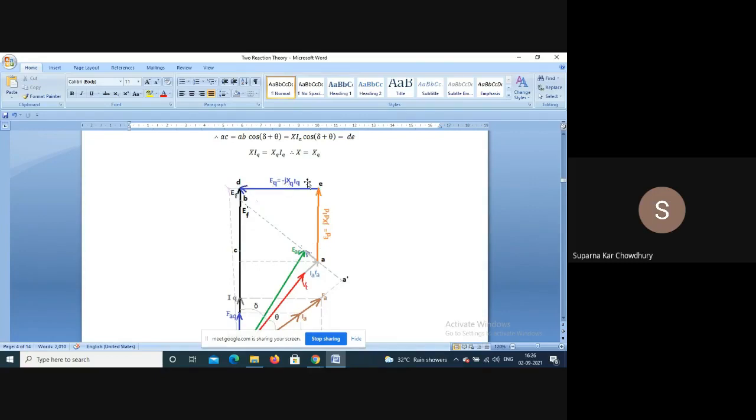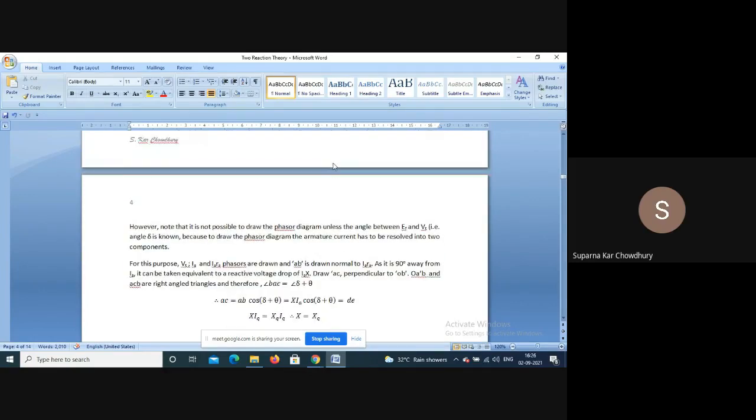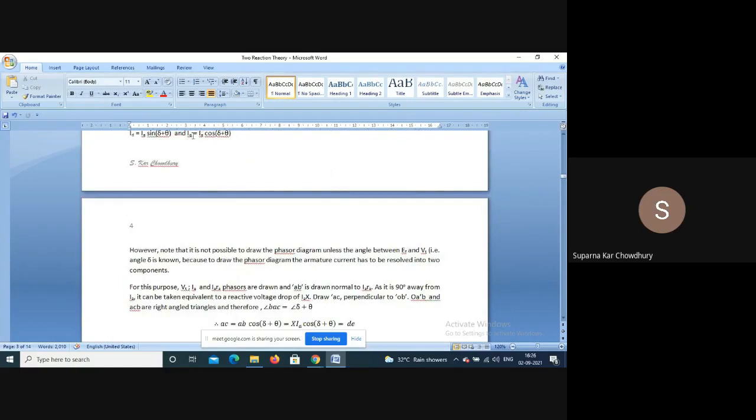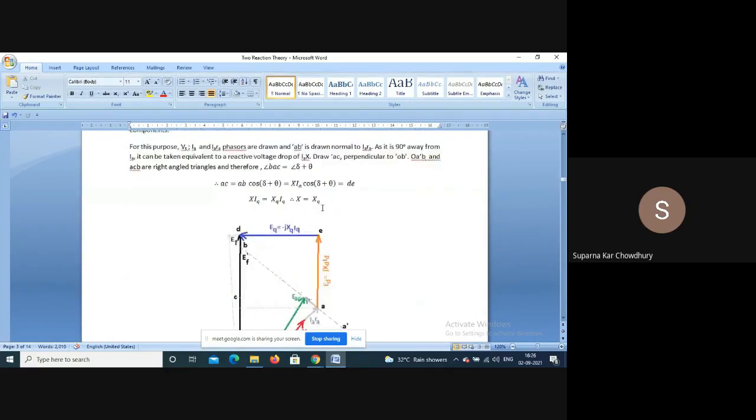Now DE is equal to Iq into Xq. And again, this is Ia into cos delta plus theta. Now, Ia into cos delta plus theta, we have seen this is Iq. So basically your AC is equal to X into Ia cos delta plus theta, which is equal to X into Iq as per our assumption.